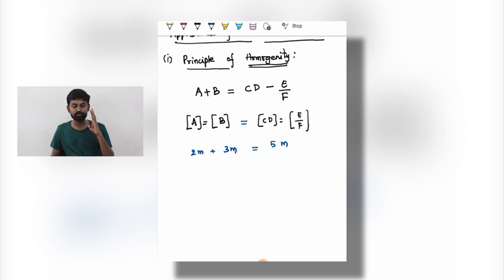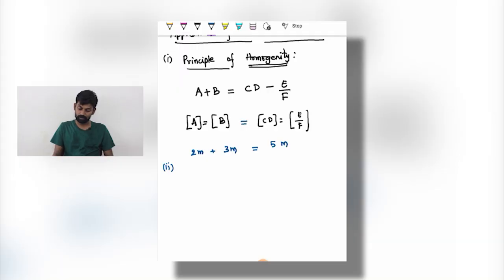Likewise, in the four terms of the given expression, the unit of A should be equal to the unit of B, which should be equal to the unit of CD and the unit of E by F. So in a given expression with multiple terms, all the terms should have the same units. This is called the principle of homogeneity.